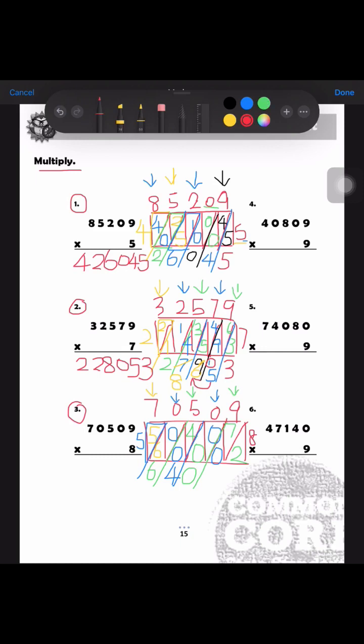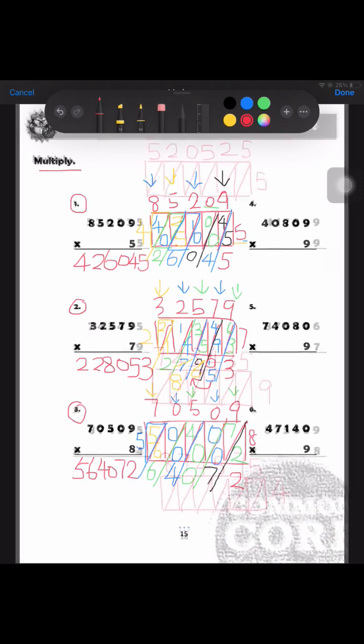And then 7 plus 0 equals 7. And the last one is 2. So the answer is 564,072. So for the rest of the questions, please try to finish by yourself.